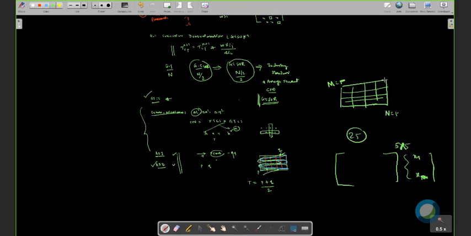Okay, so 25 will be there for this case. So you should be in a position to solve a very simple case using any of these methods, BTCS and so on.